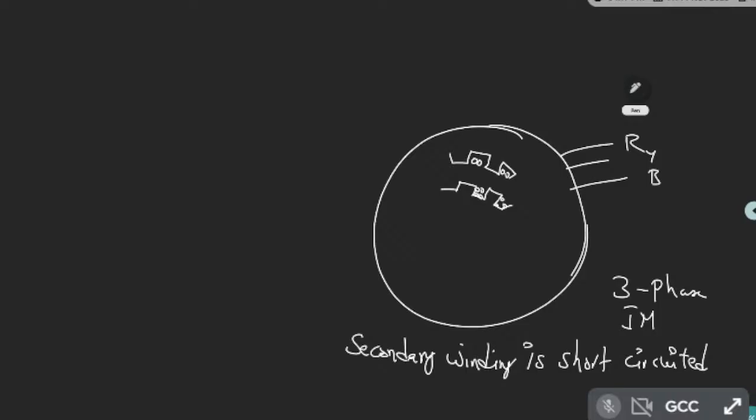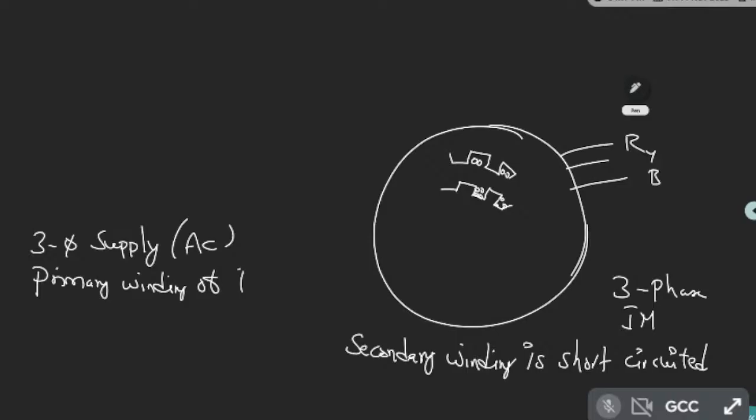So here, whenever a three-phase supply, that is AC, is connected to the primary winding of the induction motor, I am switching on, like a simple fan.